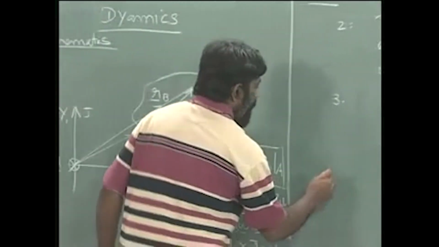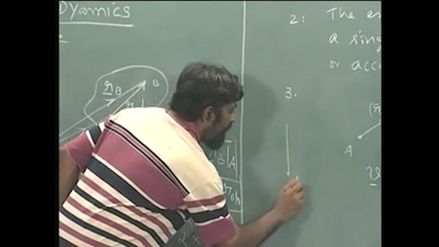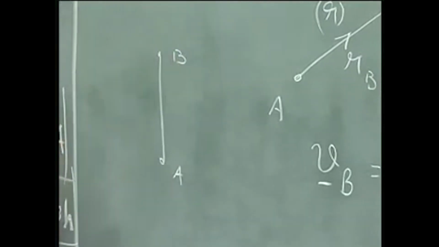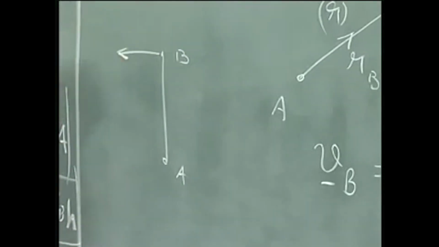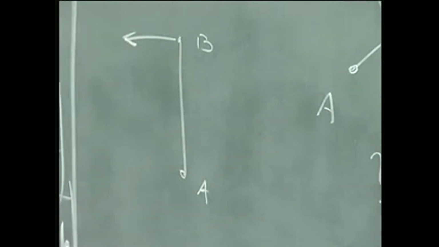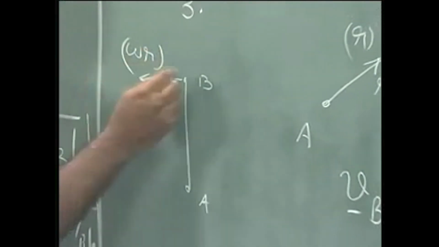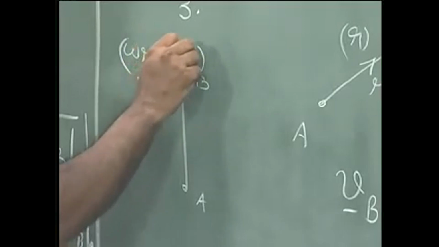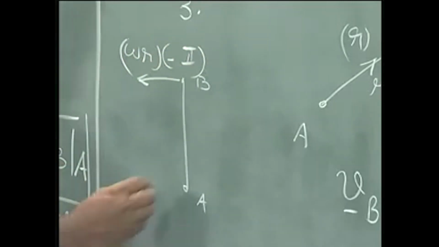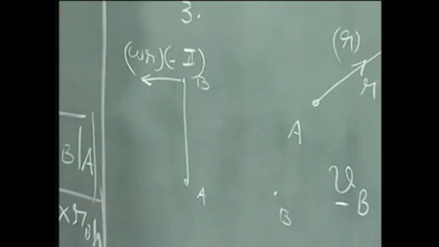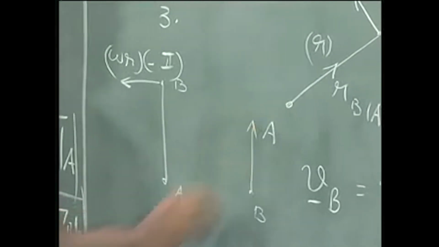For example, if I had something like this, A here and B here, I know the direction of velocity is like this. If omega is the angular velocity, this is omega times r times, if this is the direction, let us say this is minus I. Alright. Supposing B were here, then it would have been like this.